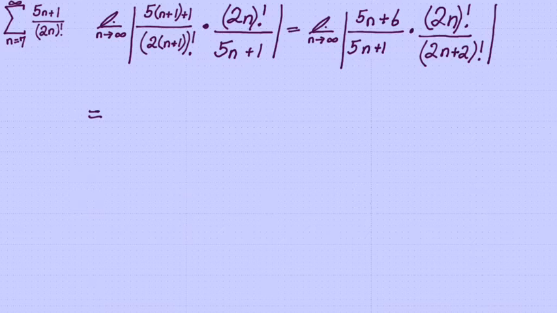Now last time I did this problem, they didn't like me simplifying. They wanted me to explain it, so I will explain now. N's going to infinity. That 5n plus 6 over 5n plus 1, that's just going to go to 1 when we send n to infinity.